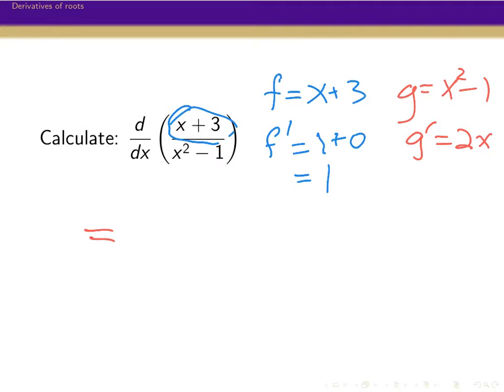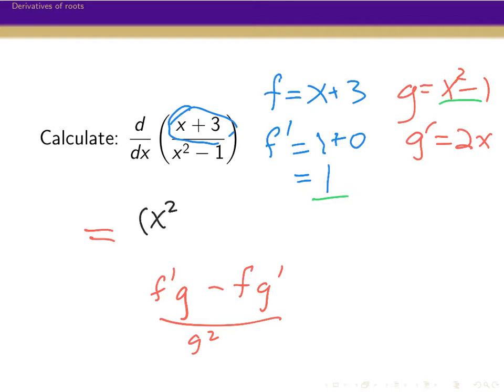So remember, the quotient rule is f prime g minus f g prime all over g squared. So we have f prime g, which is going to give us x squared minus 1, minus f g prime.